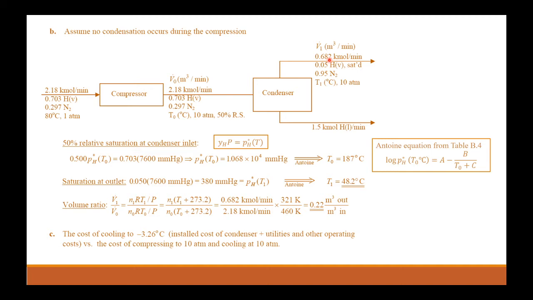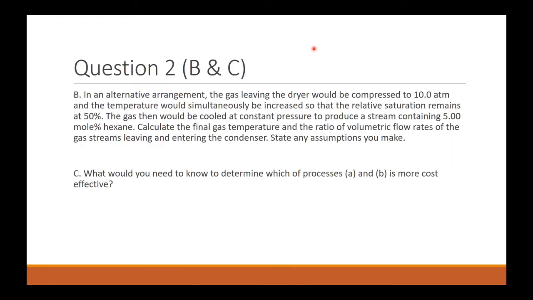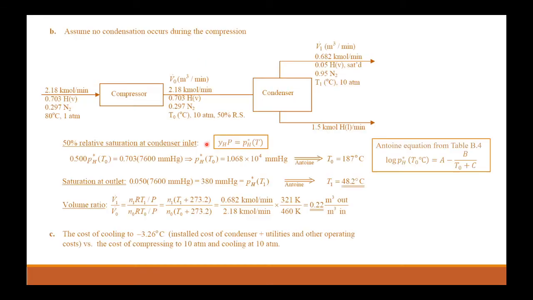And the condition at the condenser gas outlet over here is 10 atm at a different temperature, T1. So T1 is what we need to find, and the ratio of the volumetric flow rates of the gas stream leaving and entering the condenser.